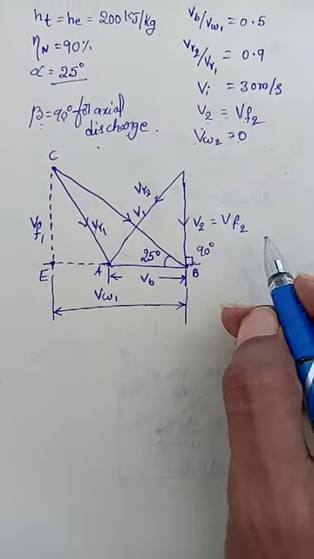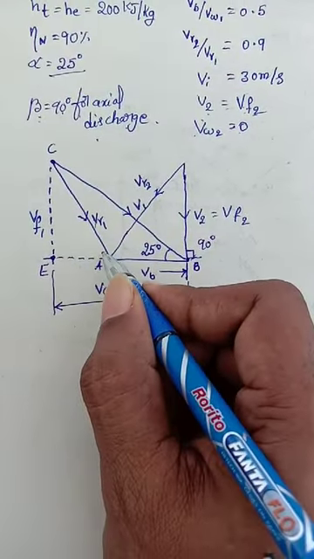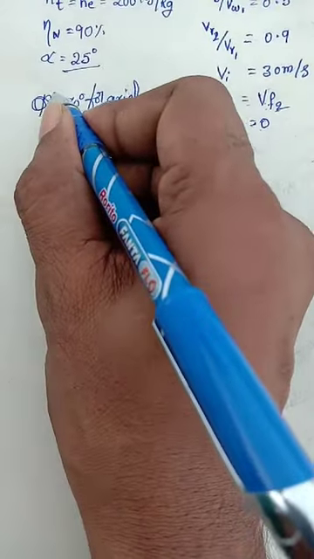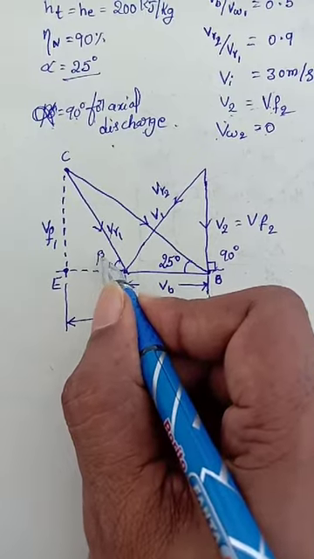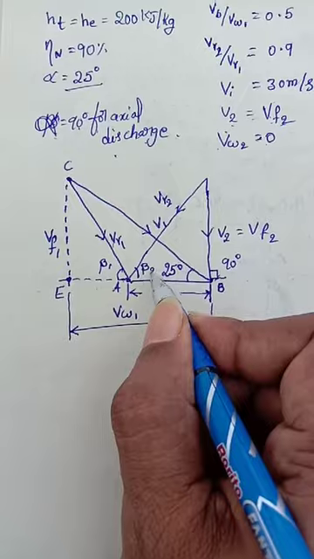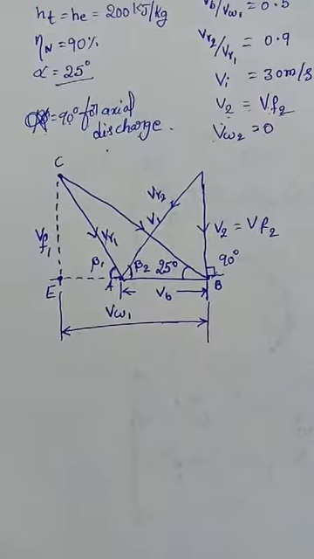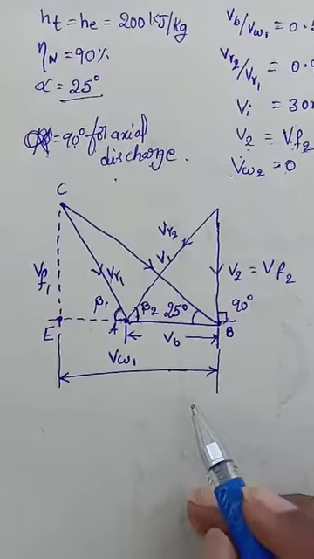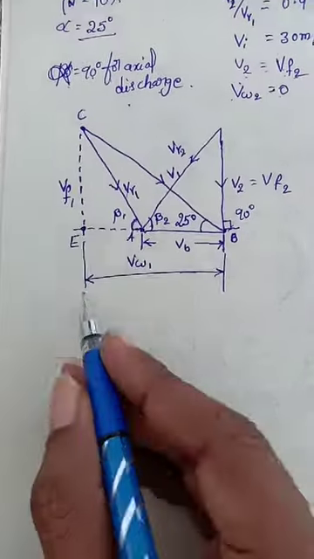Okay, so we take 90 degrees here. Sorry, here alpha, not beta. So this is coming from alpha. And now we are going to find the angle beta 1 and angle beta 2. These are all unknowns. So this is the velocity diagram for the impulse turbine for the given problem. Now we are going to see how to solve the problem.